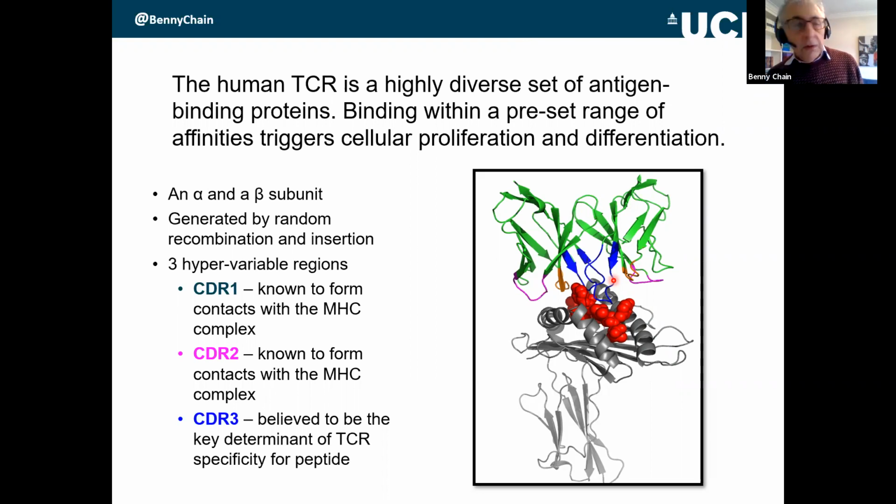Since there are about 10 to the 9 possible T cell receptors, there are about 100 T cells with a particular receptor at the start, but it's not a uniform population. Some are made more and some are made less for various reasons.